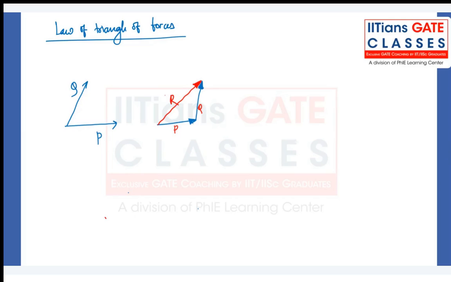Same law you can apply for the law of polygon of forces. So this is not just limited to the triangle, but also for the polygon. So I'll continue this on the same slide. Law of polygon of forces. Okay.